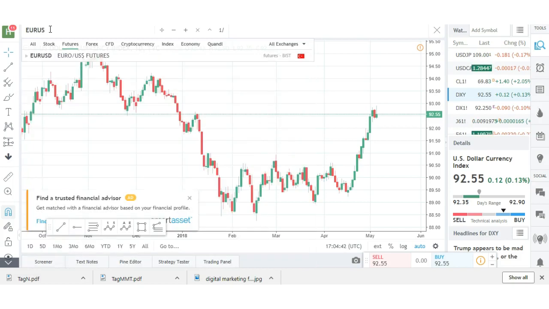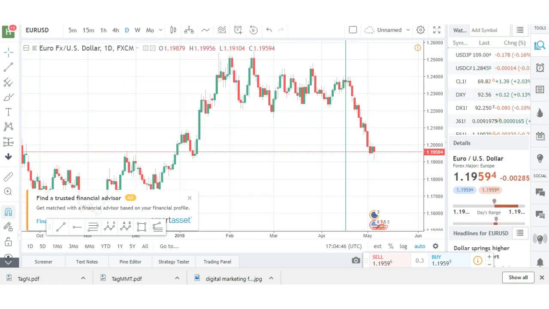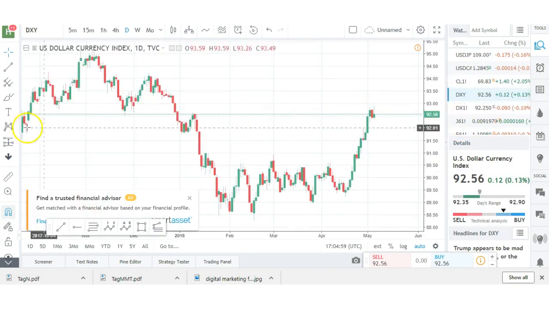If the dollar index is trading up, you would be looking for a downward move in the euro dollar. Okay, so let's go back to this dollar index. When you put these two together, you are able to see some very, very strong patterns and highly predict where the market is most likely to go.